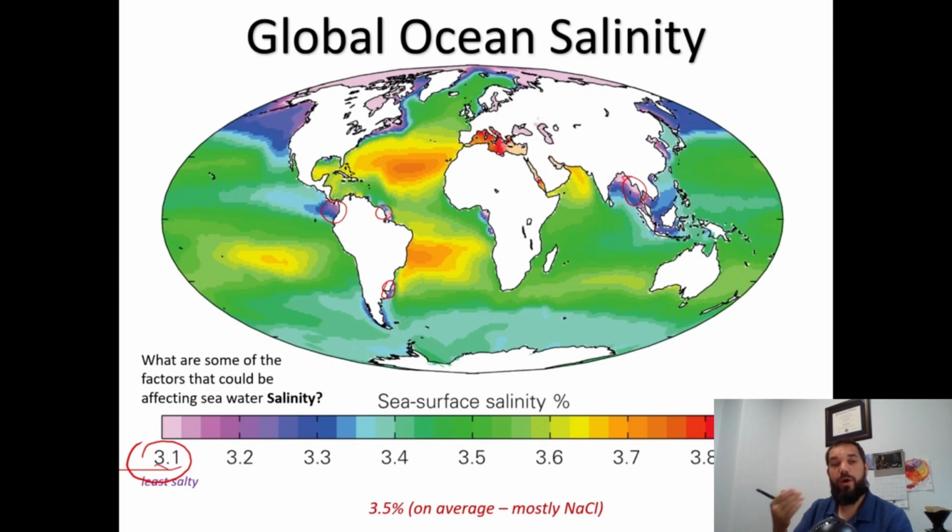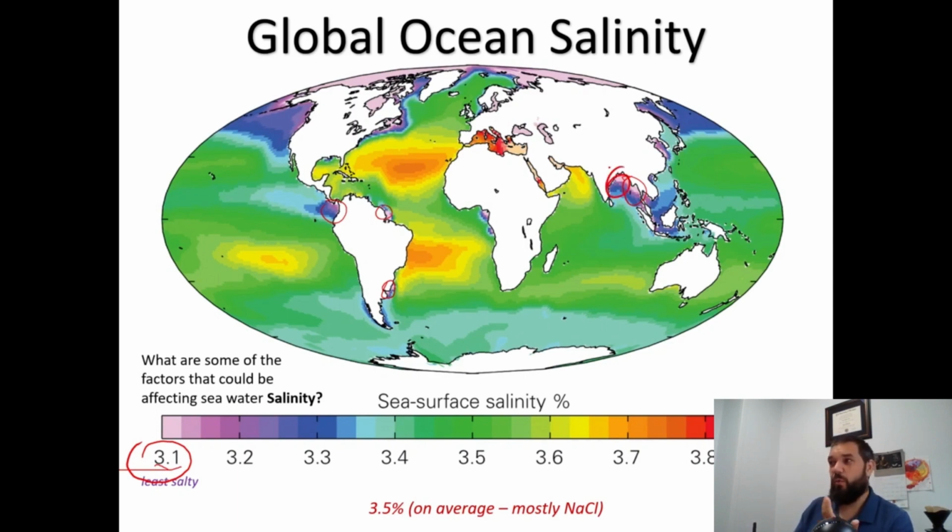Okay, so that's one thing that's going to affect sea salt salinity, right? Number 8, I'm asking about some factors that can affect surface salinities. Well, that fresh water that comes off the continents, that's one factor, right? And that's going to tend to make the area around it relatively fresh. You can actually see, like here in the Bay of Bengal, that's the Ganges River.